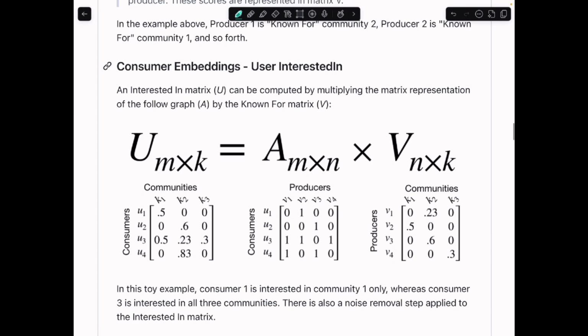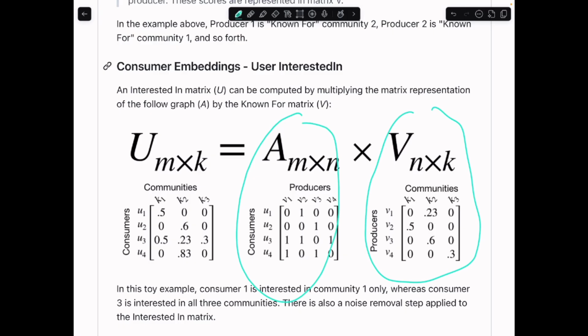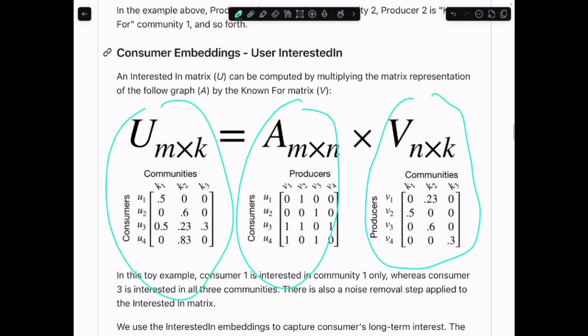The Twitter paper does this by leveraging the adjacency matrix. With this producer representation and the adjacency matrix, they calculate the user representation. The paper mentioned that compared to the producer representation V, the user representation is more dense.